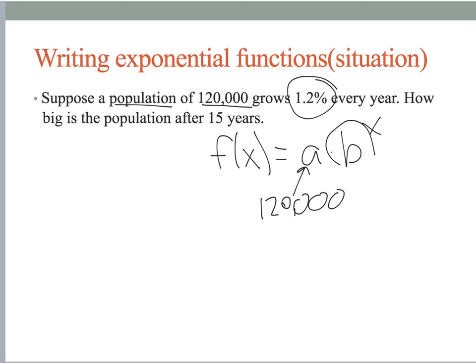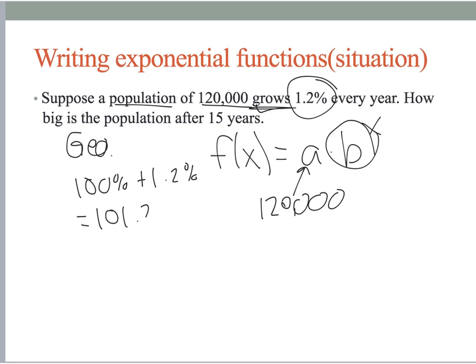Now, to figure out b, it's kind of like if you think back to geometric sequences. 1.2%, well, in order to grow by 1.2%, I take 100% plus 1.2%. And what do I get? I get 101.2%. And so in order to get B, all I need to do is convert this to a decimal by moving the decimal place 2 times.